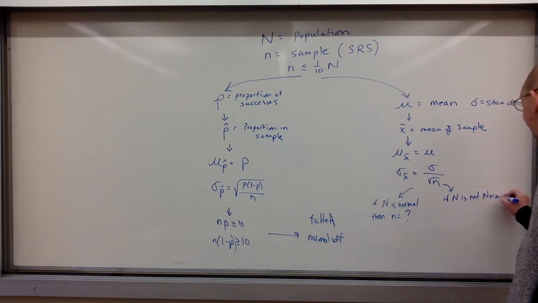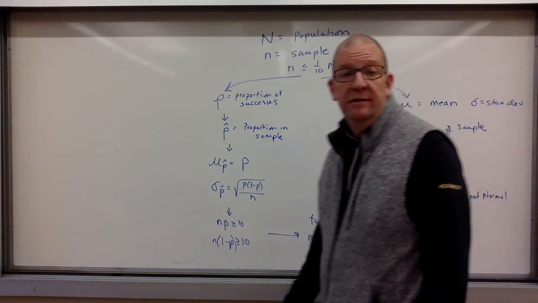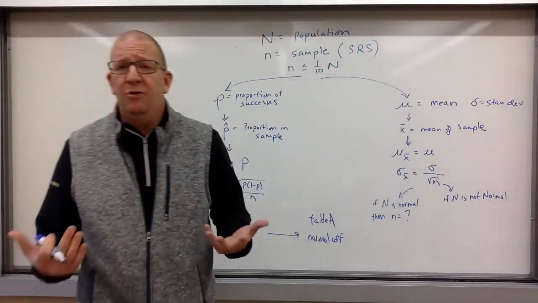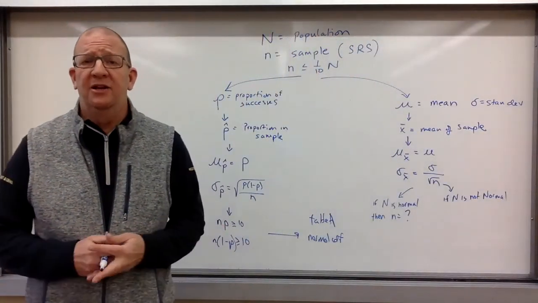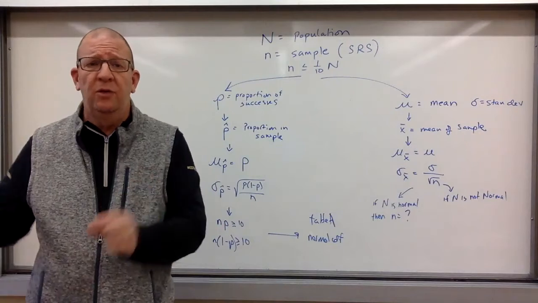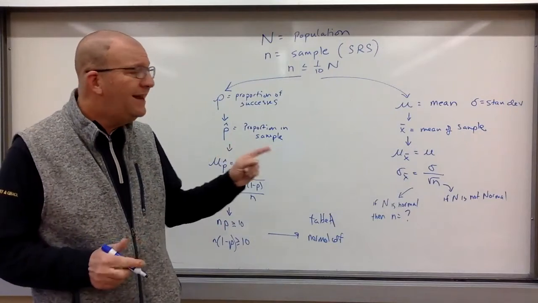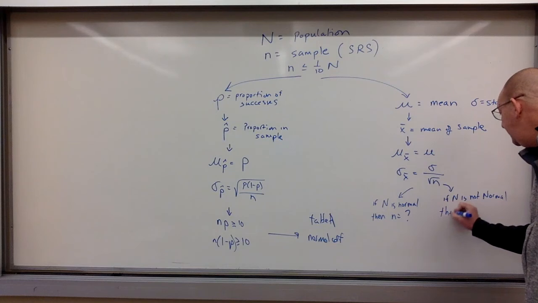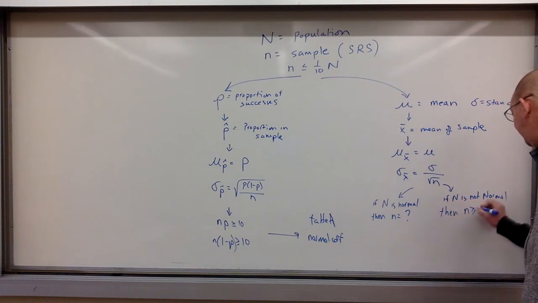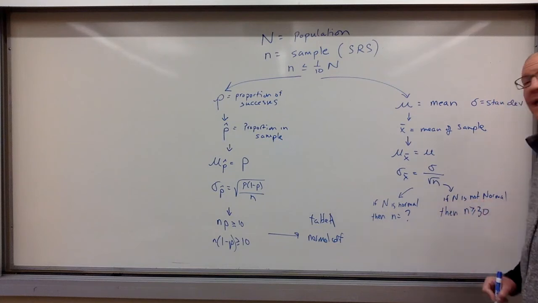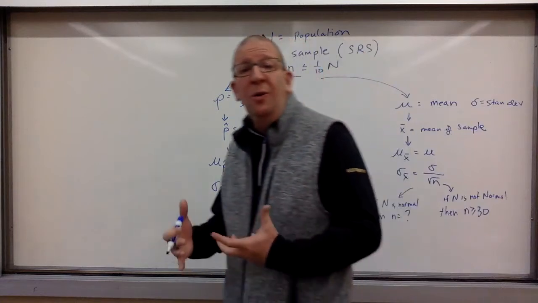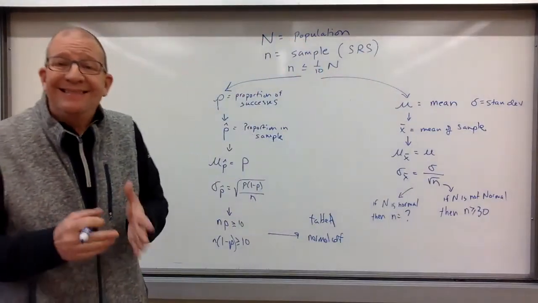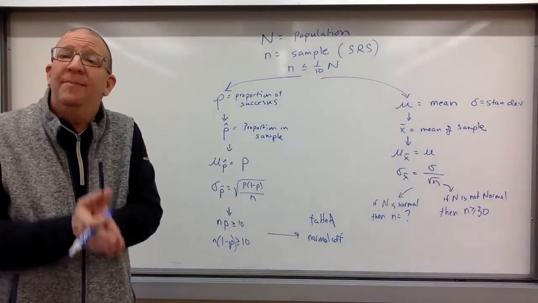Let's say the length of songs on your phone. They may not be normally distributed, right? You have a short little attention span. You have a lot of short songs and a few long songs, right? If big N is not normal, then your little n has to be greater than or equal to 30. And as long as that's true, the sampling distribution of the sample means will be normal.